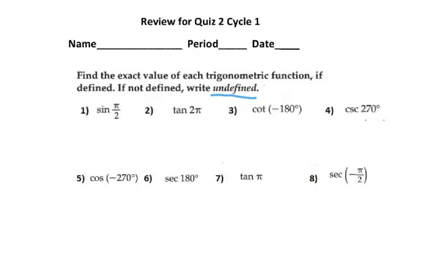Let's go back to these questions. You could see that these are all quadrantal angles. And remember, for 180 degrees, the reference angle will be 0, and for 270, the reference angle will be 90 degrees.